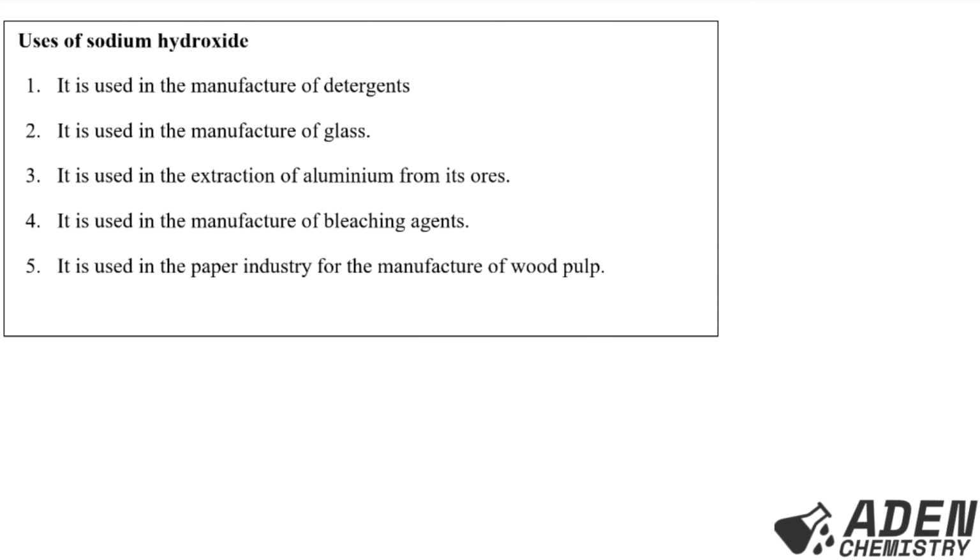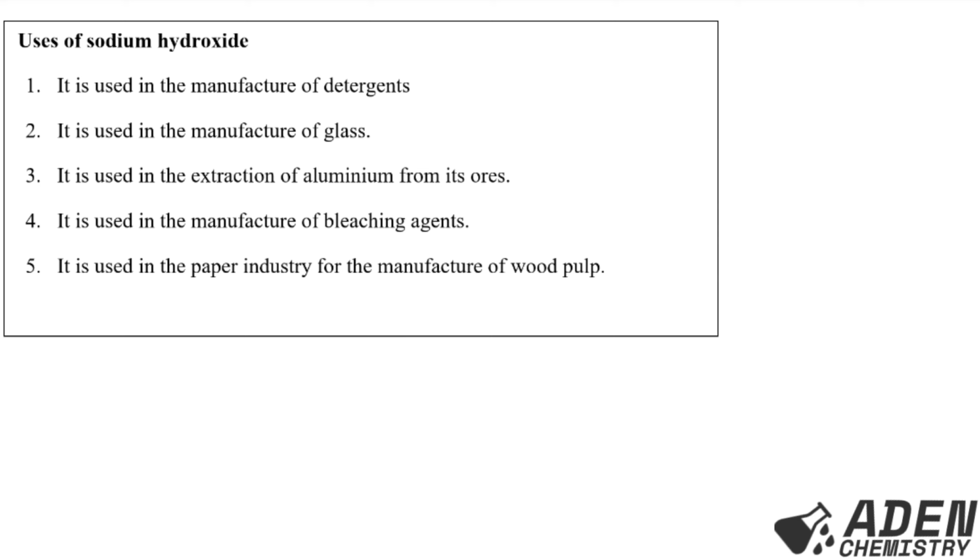So next we are going to go to the uses of sodium hydroxide. Remember, learners, we are dealing with the manufacture of sodium hydroxide, chlorine and hydrogen gas using the electrolysis of brine. So learners, you are supposed to know at least 4 uses of sodium hydroxide, 4 uses of hydrogen gas, and 4 uses of chlorine gas.